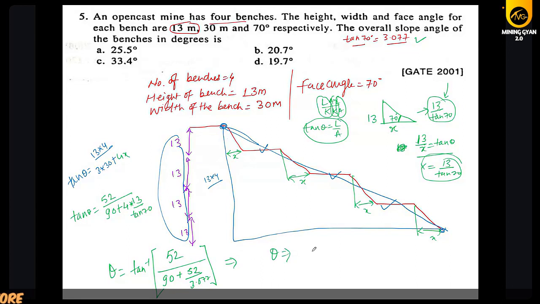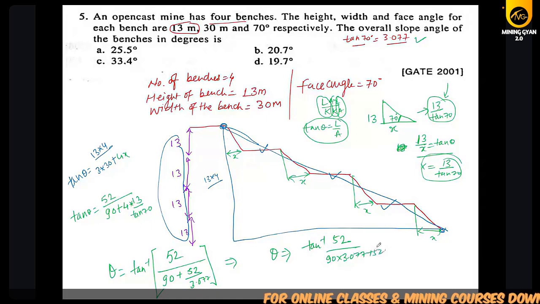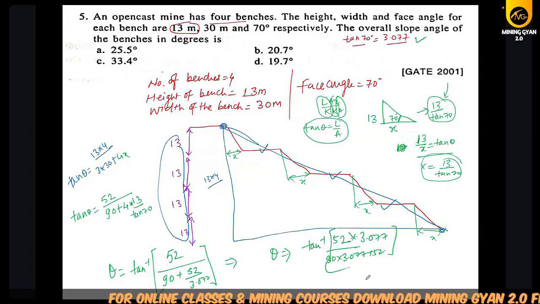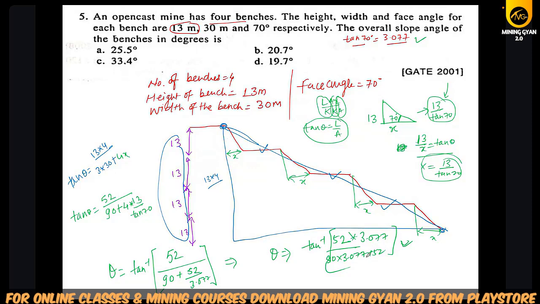Theta equals tan inverse of 52 divided by 90 into 3.077 plus 52 multiplied by 3.077. I know this is a calculative part and you can't solve it because you don't know the tan inverse values.